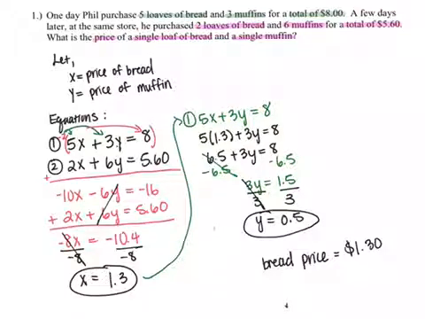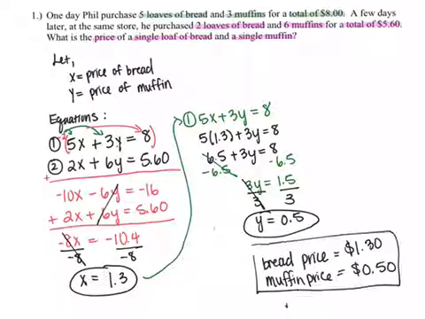And then the muffin price is equal to 50 cents. And that is it. That is our solution. So we can use systems of equations to help us find, in this case, prices.